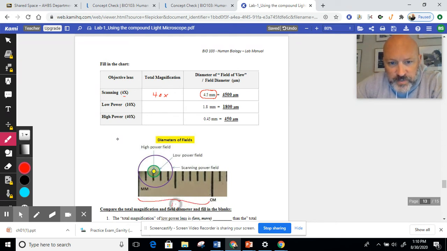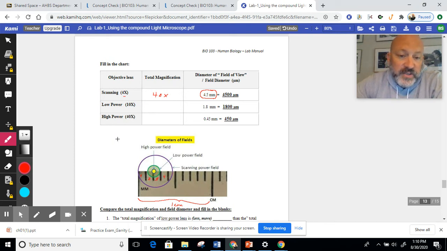is 1 centimeter, right? But 1 centimeter is divided into 10 millimeters. Every space between the lines is a millimeter. So this is a millimeter. This is 2 millimeters, 3 millimeters, 4 millimeters.